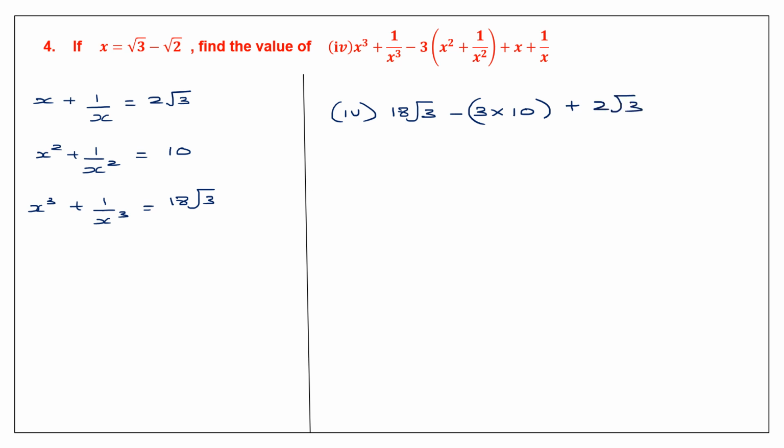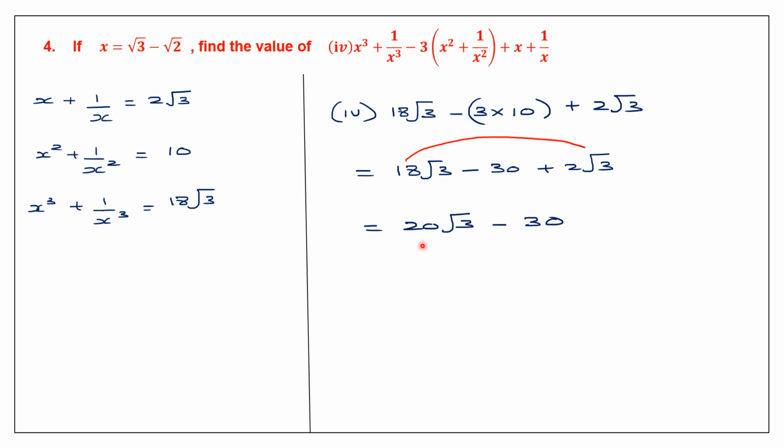Now let's simplify this. So this is 18 root 3 minus 3 tens are 30 plus 2 root 3. Now here we have 18 root 3 plus 2 root 3. Since the base is the same, we can add it up. We can add up 18 and 2. So what do we get? We get 18 plus 2 is 20 root 3 minus 30.